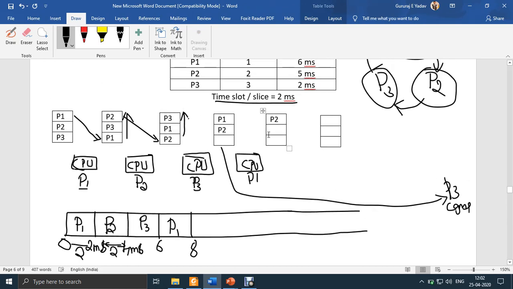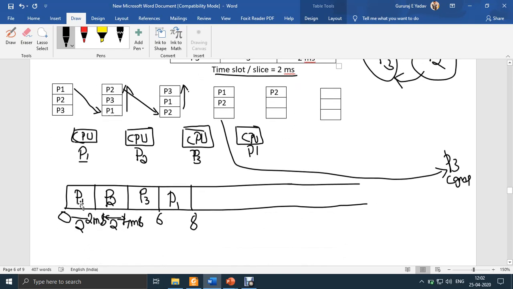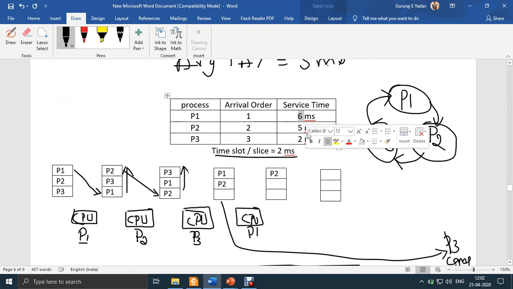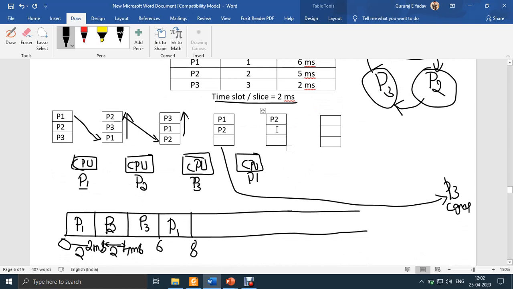depends on how much time is remaining. P1 actually requires 6 milliseconds. Out of 6, you have given 2 slots to it. This is the first slot of 2 milliseconds, and this is the second slot of 2 milliseconds. 2 plus 2 is 4, and it requires 6, so it still requires 2 more milliseconds. So yes, it will enter the ready queue once again because it has not yet completed.